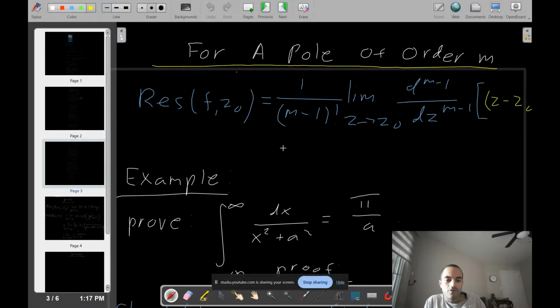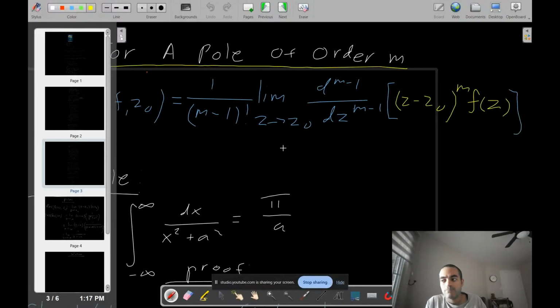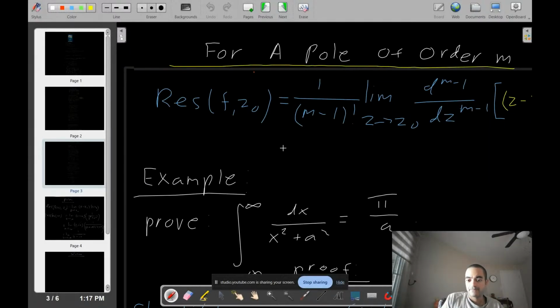Okay, so pole of order M. So the residue of f at z0 is equal to 1 over (m minus 1) factorial, times the limit as z approaches z0, times the derivative to the (m minus 1) power with respect to z, of [(z minus z0) to the mth power times f of z].